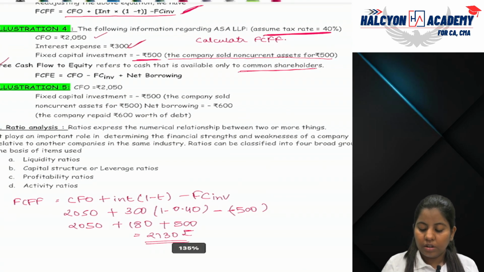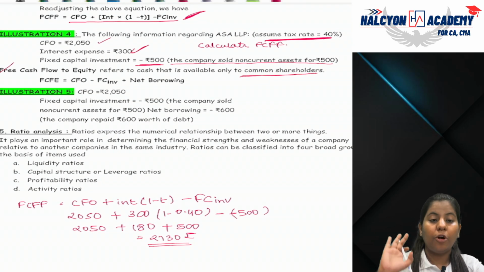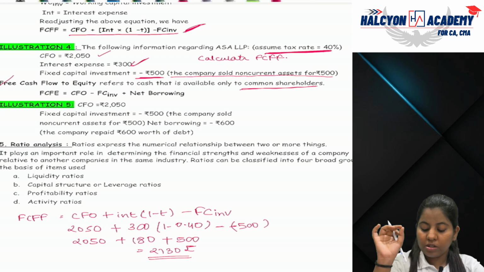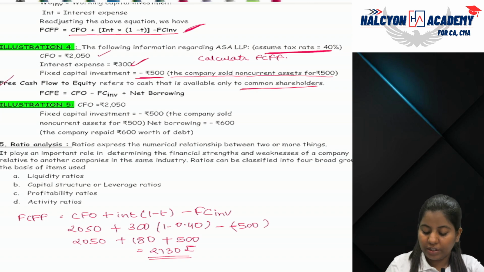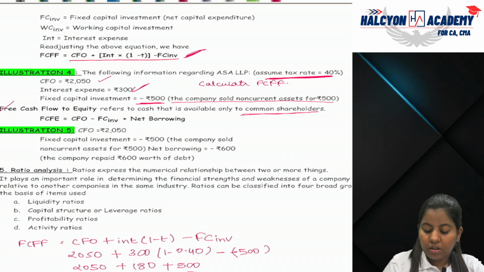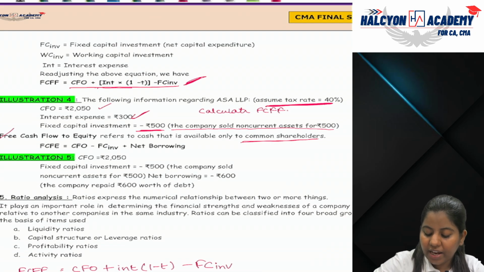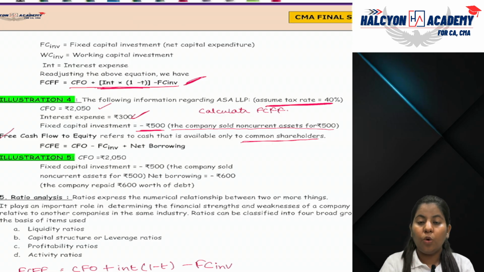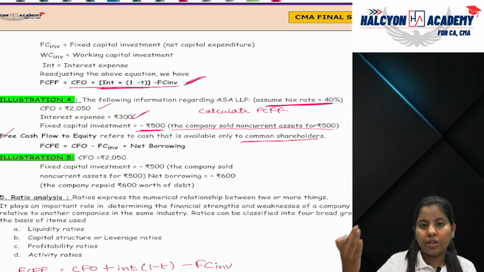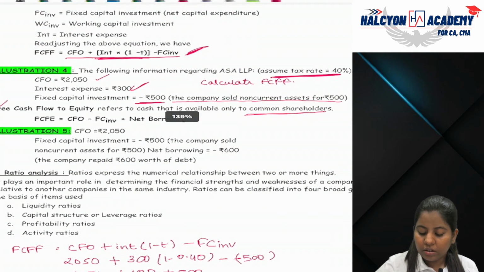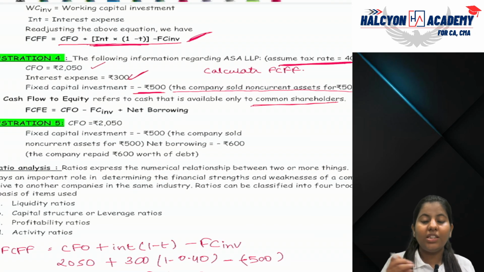So now let's come to the formula. The formula is almost the same, but there is one change. In the FCFF formula we added interest back because we wanted to know how much cash is available for debt holders also. But now we don't want to know how much is available for debt holders.